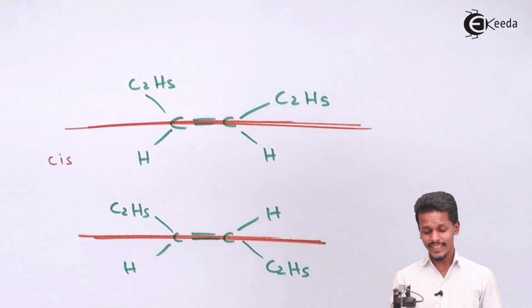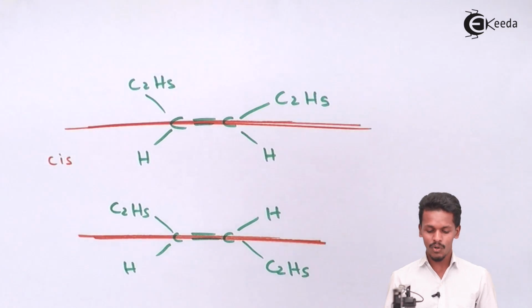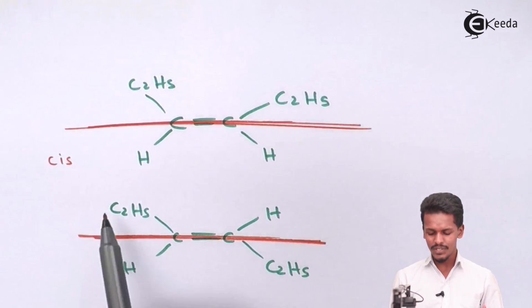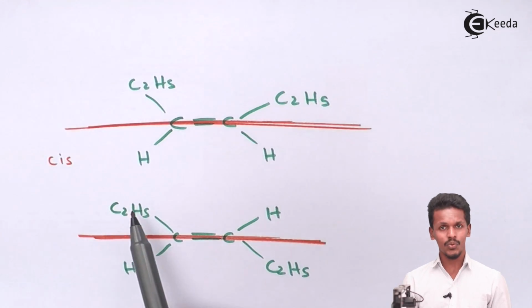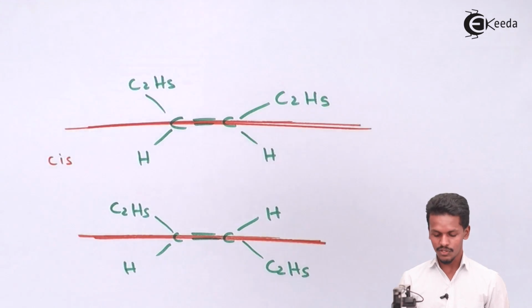So it is not necessary that the two will be present diagonally opposite. They could be present on the opposite side also, like in this manner. So then also it would be called basically a trans isomer. More specifically, they should be at least on the opposite side of each other in this manner. Only then would it be said to be the trans isomer.